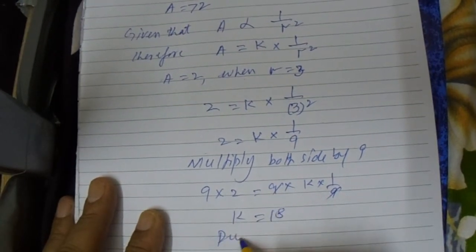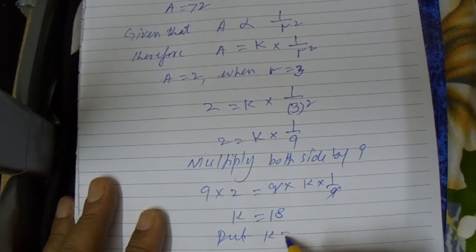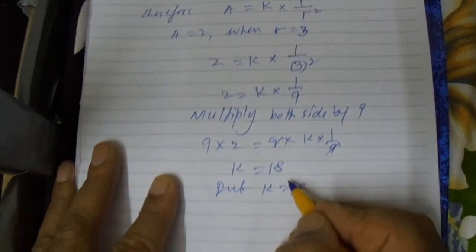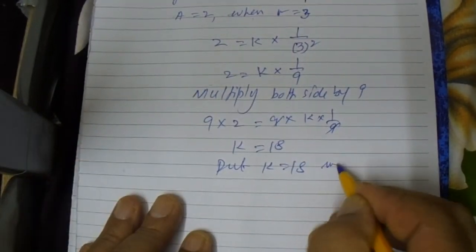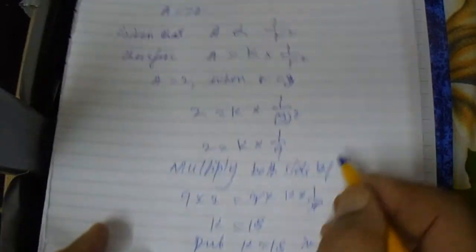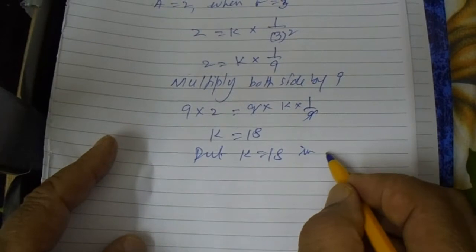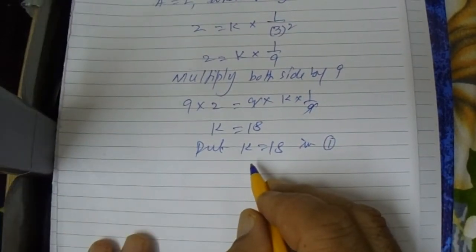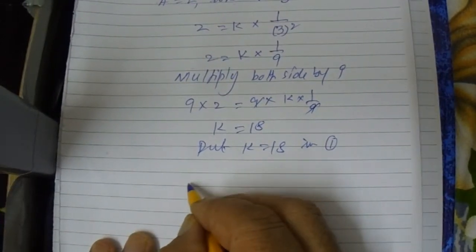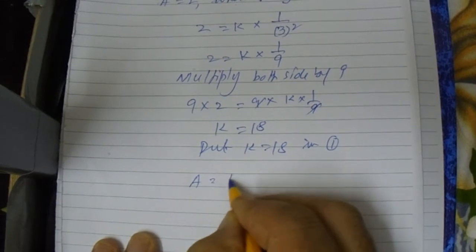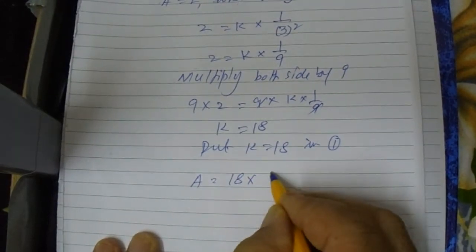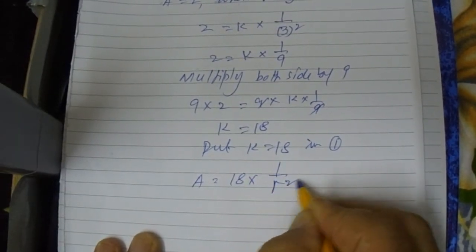Put k is equal to 18 in the equation, and we get a is equal to 18 multiplied by 1 over r squared.